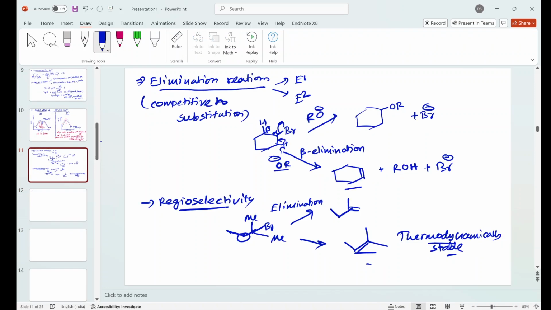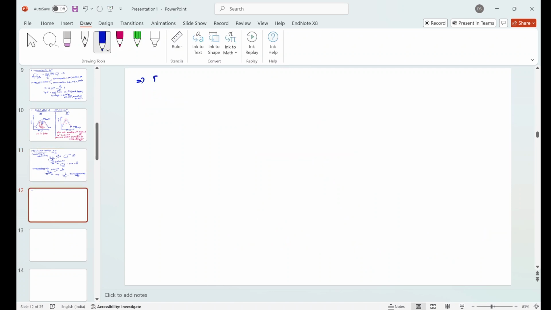As we told, this has also E1 and E2. First we will start with the E1, unimolecular. For this one also, it has to go through two steps. There is one intermediate, and the stability of the carbocation matters. CH3, CH3, Br.